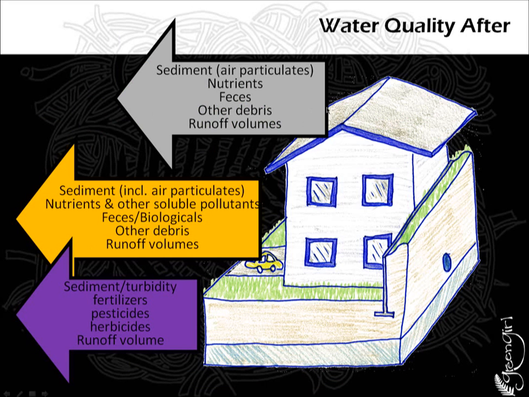These are the things coming out of the air, so off of the roof. These are all the things that might be in the air, along with lots of other things. And then these are all the things that might be coming off of a pavement. Metals might fall into the other debris category, I guess, but metals like copper and zinc are coming off of our cars, and these are all the things that might be coming off of our landscape areas.